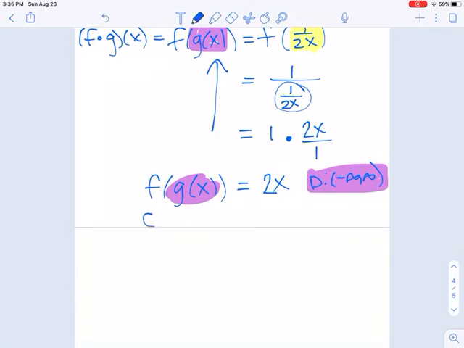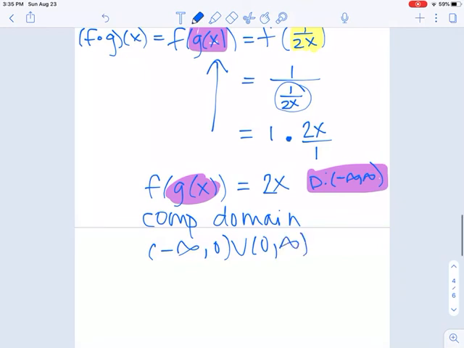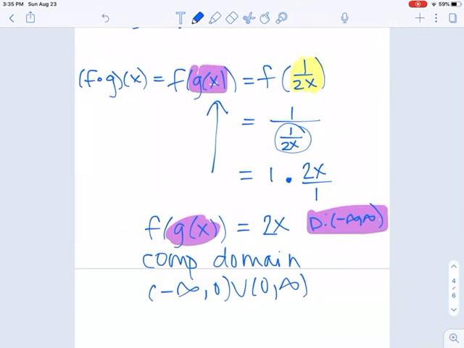Okay, since the inside was restricted to everything but 0, then our composition domain will also have to be restricted. If we can't plug 0 in for g, then we can't plug it in for the composition as a whole.